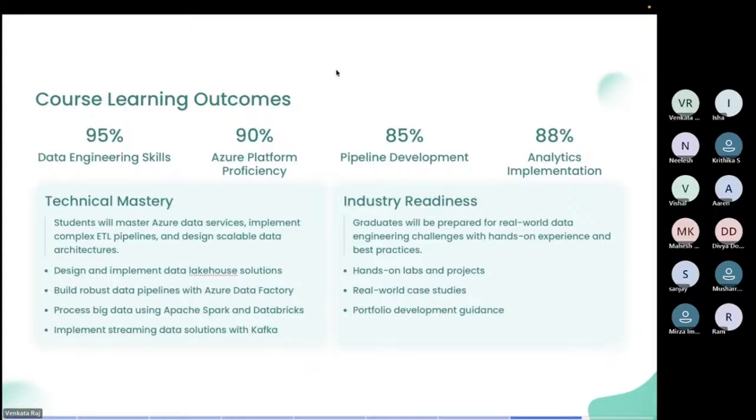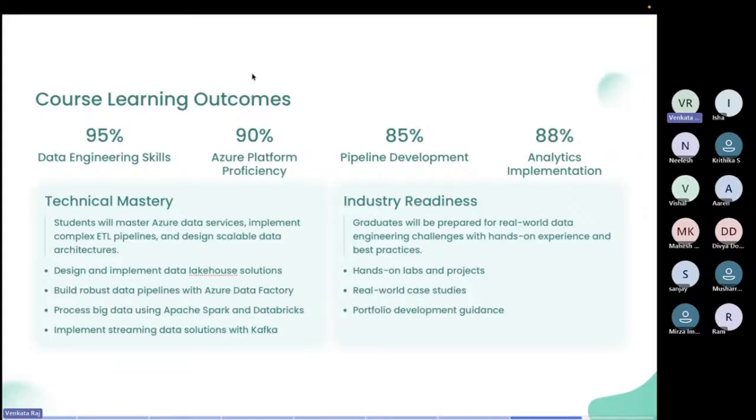Okay, I'll proceed. So the learning outcomes, guys. In general, we all want to understand how much this course is going to benefit us in each of these areas that you are seeing. Data engineering skills, this covers 95%. I wanted to say 100%, but I have kept 5% for separate things. This course is purely relevant to what we are going to do in the industry.